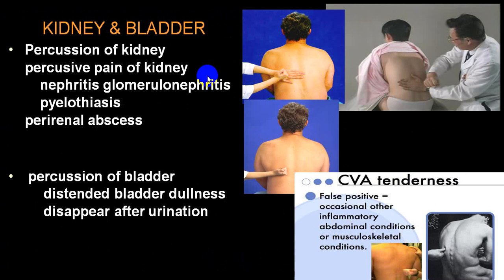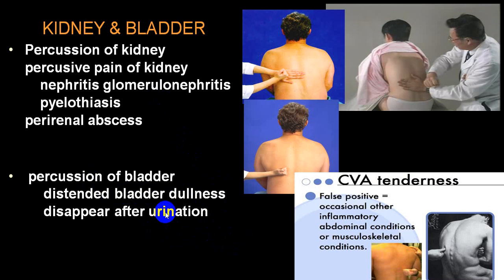At the renal angle, you will be able to percuss renal tenderness, which you will get in case of a perinephric abscess, pyelonephritis, and occasionally in case of glomerulonephritis. While in case of a distended bladder, if it becomes suprapubic, it will be dull and it will be tender.